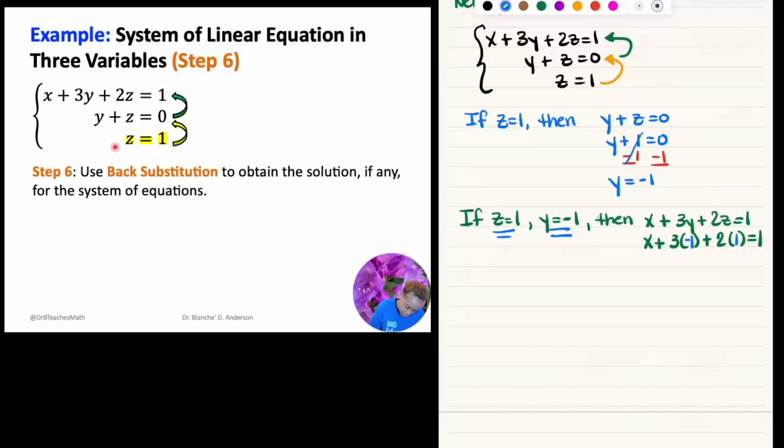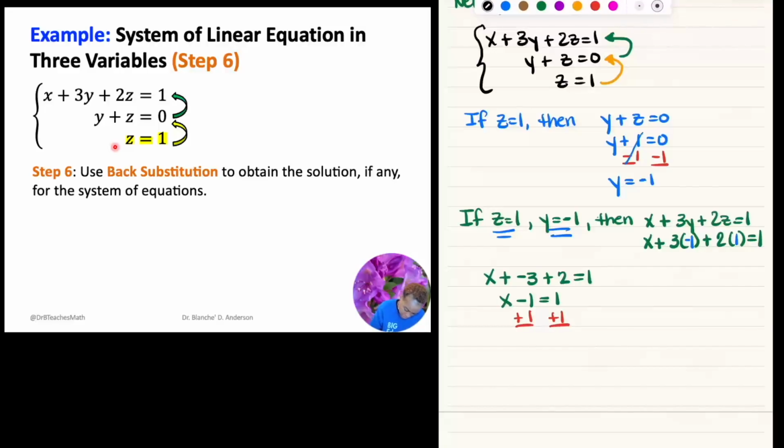Okay, so then you end up with x plus -3 plus 2 equals 1. Combine like terms. You get x minus 1 equals 1, right? And then add 1 on both sides.